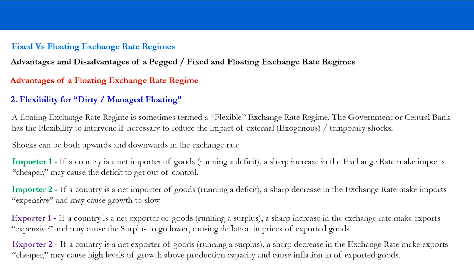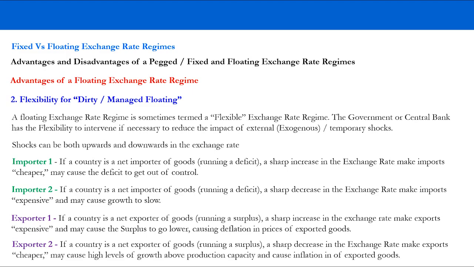So let's look at a couple of theoretical examples here to get a better understanding of what we mean. So if, for example, you're a country that's a net importer of goods, so you're running a deficit, a sharp increase in your exchange rate due to an exogenous shock, so a shock that's outside of your control, can make imports cheaper. And that can cause a deficit to actually get out of control.